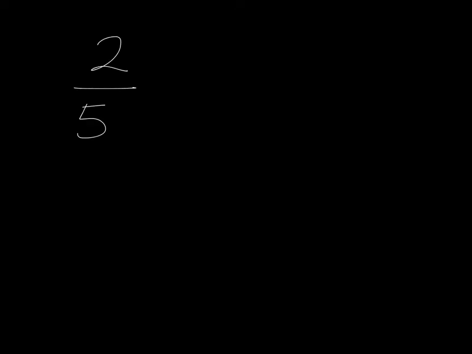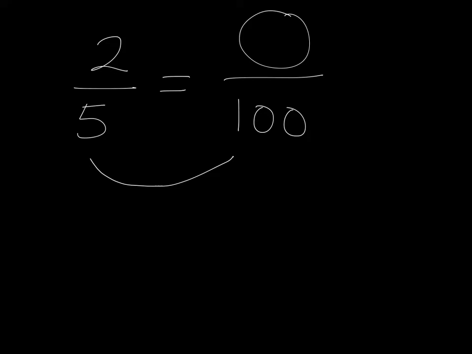Take the fraction or the ratio 2/5. If we have to express it as a percentage, it has to be something out of 100, so what's the top number then? We're working with equivalent ratios here. What do we do to 5 to get to 100? We multiply it by 20. Whatever we do to the bottom, we do to the top.